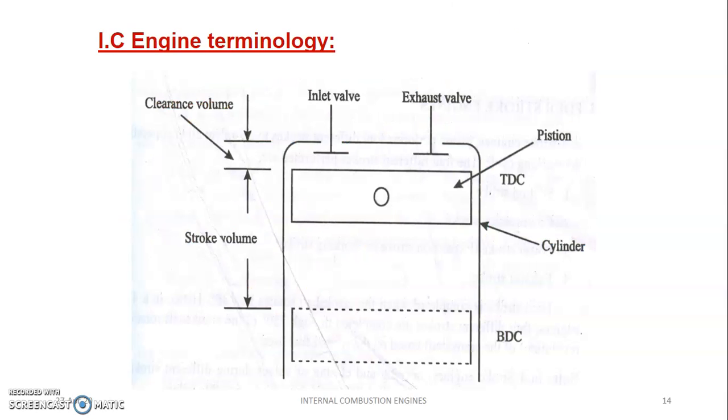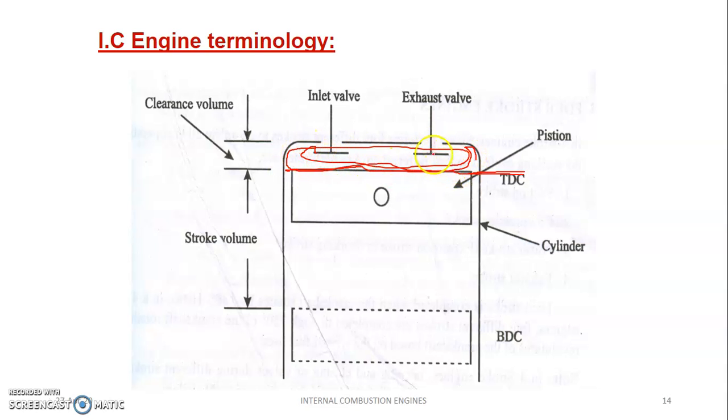We can observe this in the diagram. This is the piston, and this is the topmost position of the piston, TDC. When the piston is in this position, we can see we have some small volume. There is a small space left above the piston. The air and fuel mixture, or the air and petrol, will be compressed when the piston moves up, and it will be collected in this area.